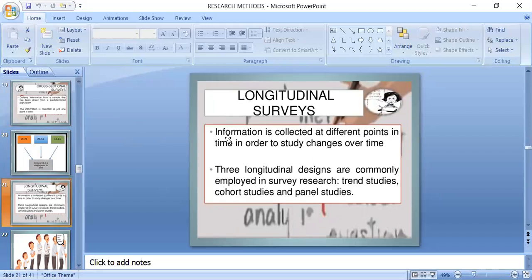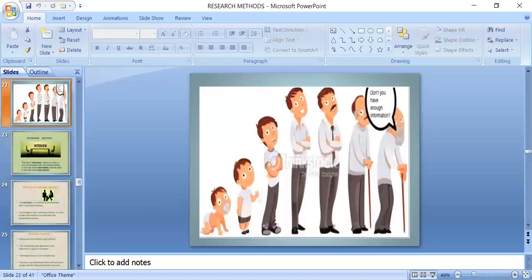Longitudinal survey: information is collected at different points in time in order to study changes over time. This is lifelong research. Three longitudinal designs are commonly employed in survey research: trend studies, cohort studies, and panel studies. Let's see an example of a longitudinal survey. As I told you before, this is lifelong research from birth till the end of life.